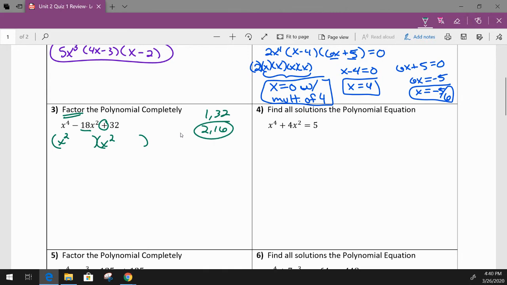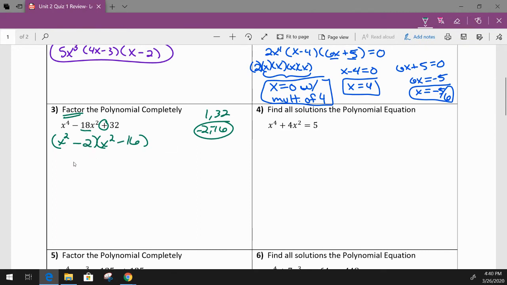Oh, 2 and 16, those add up to 18. They need to multiply together equal a positive, so that tells me the signs have to be the same here and here, but they have to give me a negative 18 in the middle, which means that both of them have to be negative. So negative 2 and negative 16.